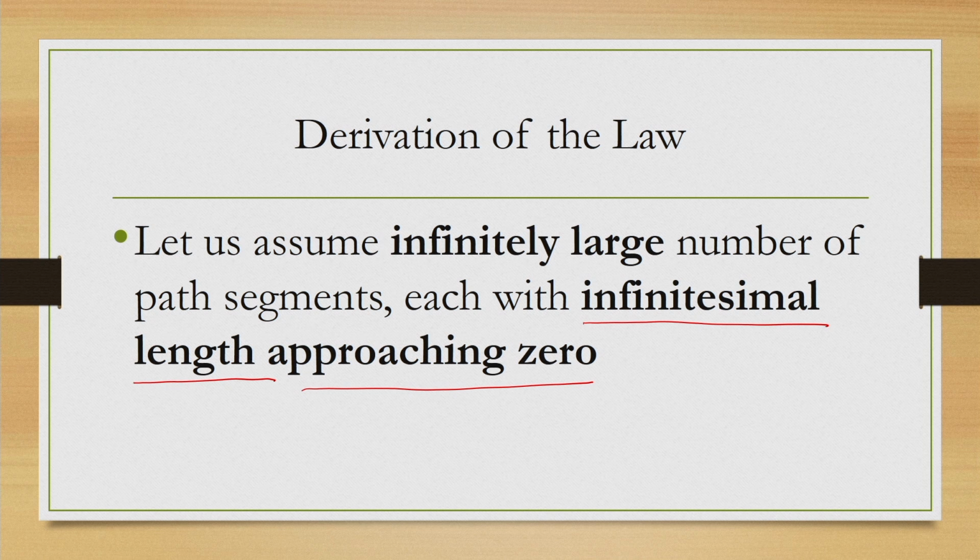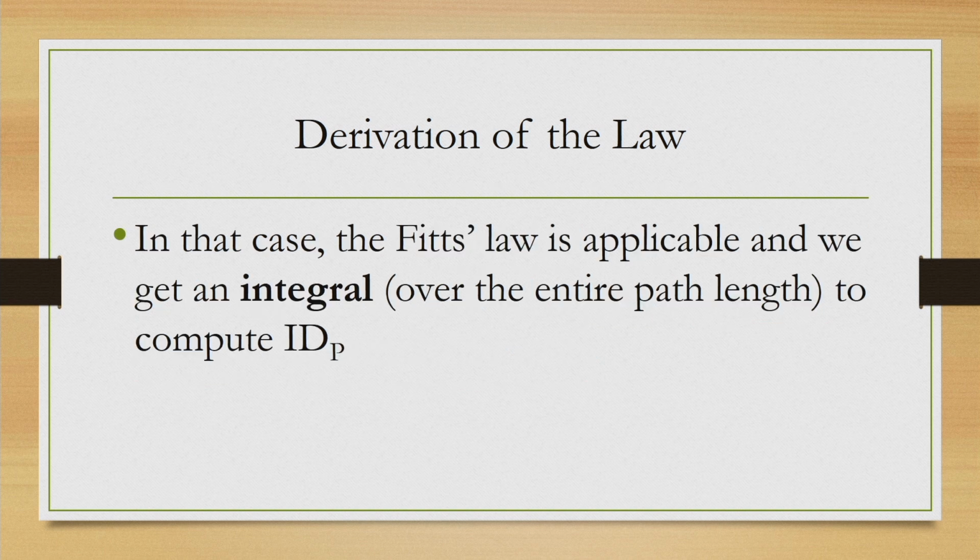Consequently, we are assuming that the entire tunnel path has an infinitely large number of such segments. So, each segment is of infinitesimal length and the tunnel has an infinitely large number of such extremely small segments. In that case, since we are assuming very small segments, this constrained navigation is no longer applicable and we can apply the Fitts law to model movement from one segment to another.